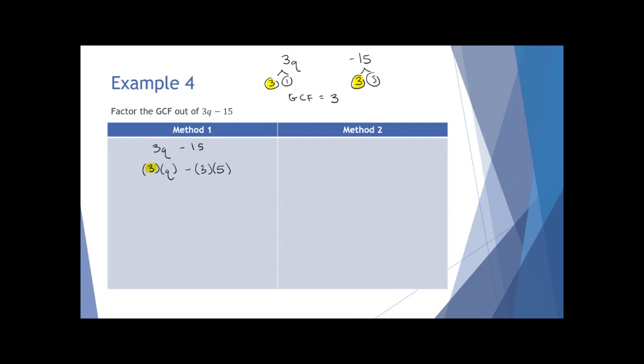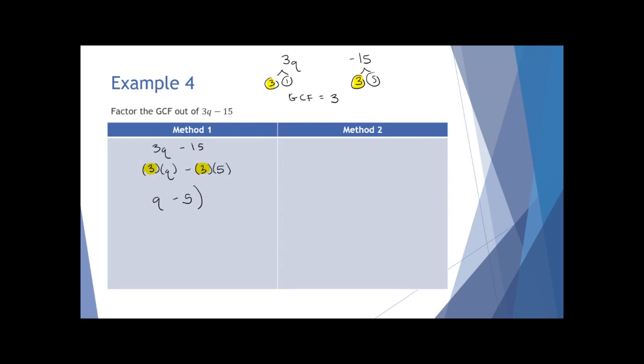So the GCF is written in both of them, and then what you have to multiply by to get up to where you started. Then you are reversing the distributive property by putting that in front and then taking what's left over. So that's 3 in front and then q minus 5. That's undoing the distributive property.